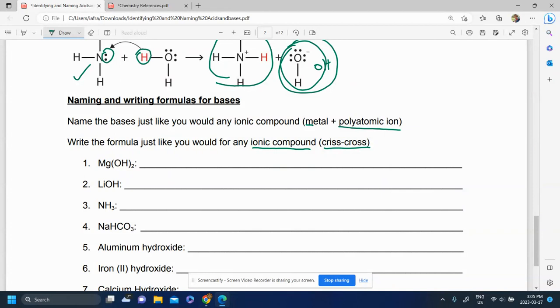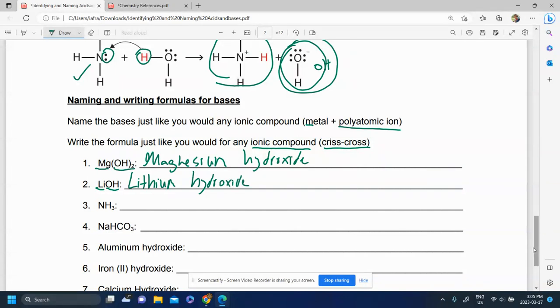And that's essentially it. So here I have the metal magnesium, and then here I have OH, which is hydroxide. Here I have the metal lithium, and then I have the polyatomic ion hydroxide.